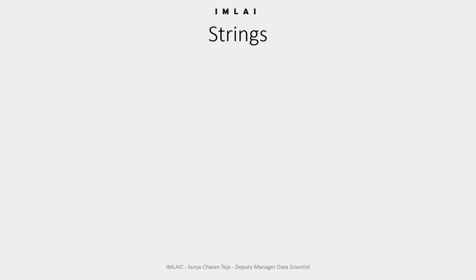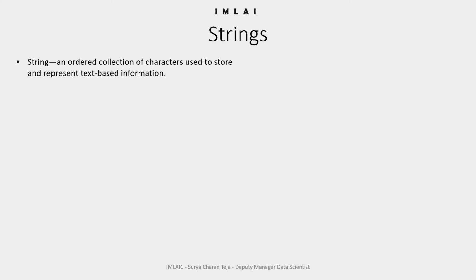Okay, so now the textbook definition goes like this. A string is an ordered collection of characters used to store and represent text-based information. That's it. Now what we explore about strings is its features.